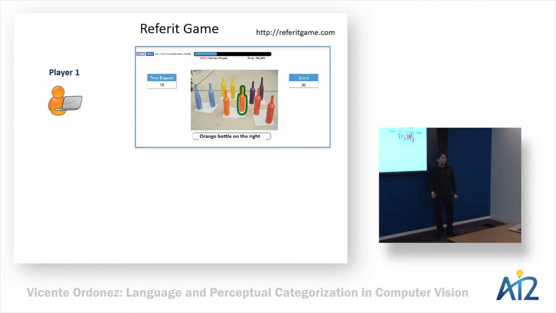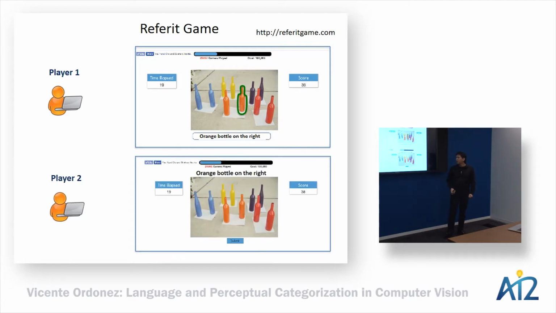And then player 2, who's somewhere else, would see the same image, but without the outline, and he would see instead the referring expression that player 1 input, and then he has to localize the object. And if he finds the object that was outlined for player 1, then they both win points, and they switch roles, and they keep playing.